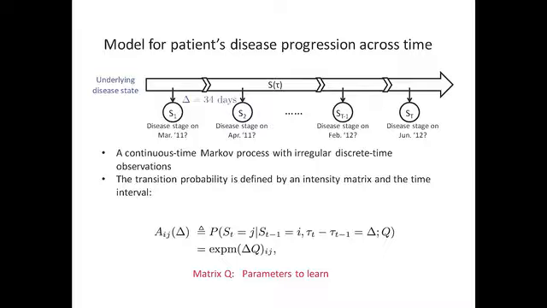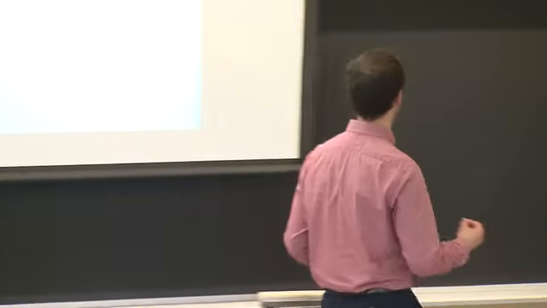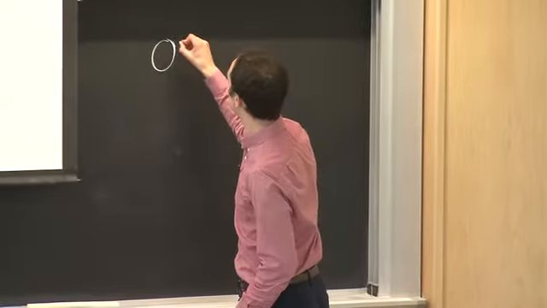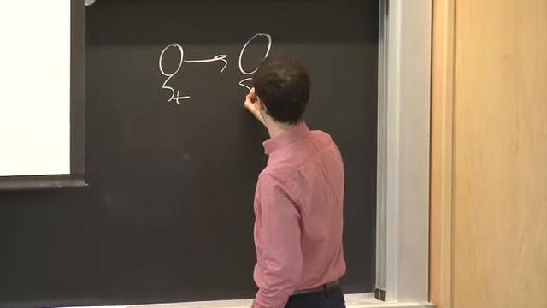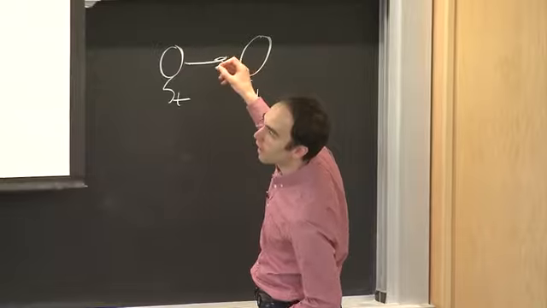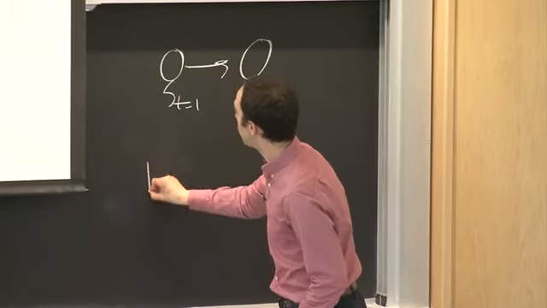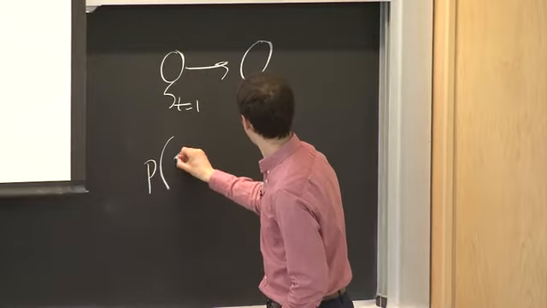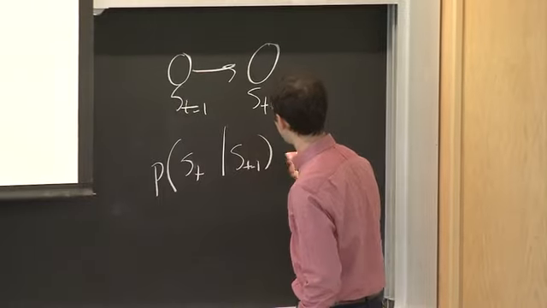So let me contrast this to things that you might already be used to. In a typical hidden Markov model, you might have S_{t-1} goes to S_t, and you might imagine parameterizing S_t given S_{t-1} just by a lookup table.